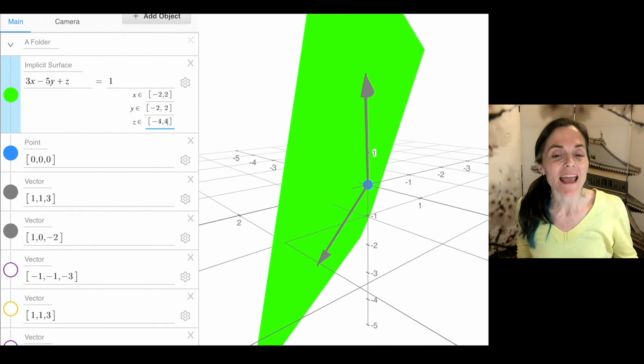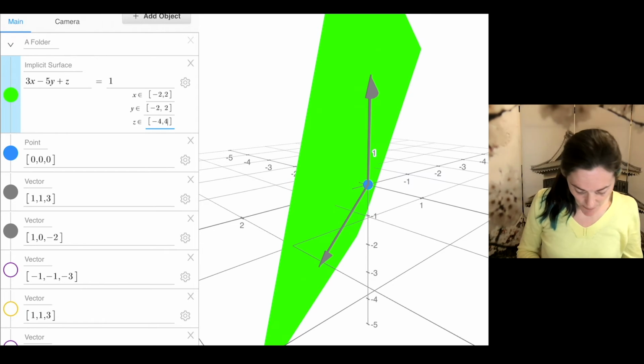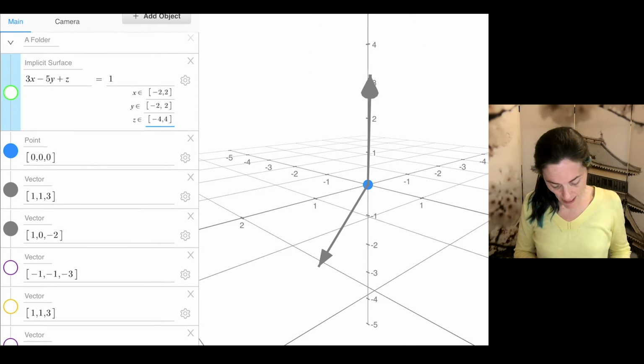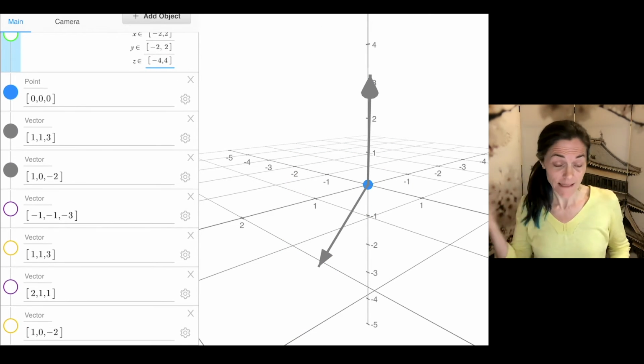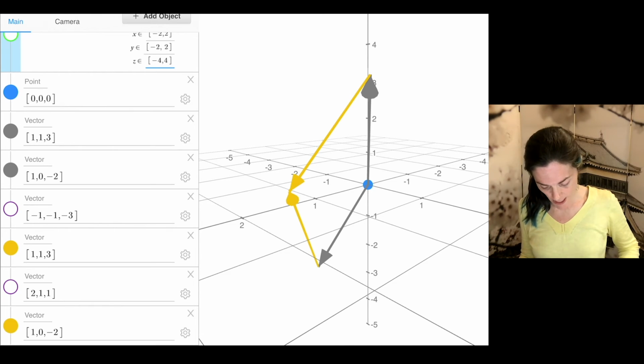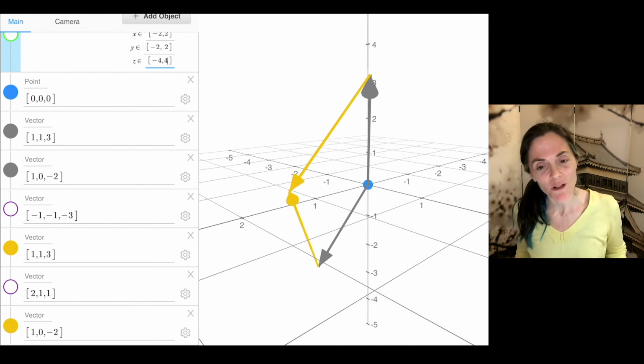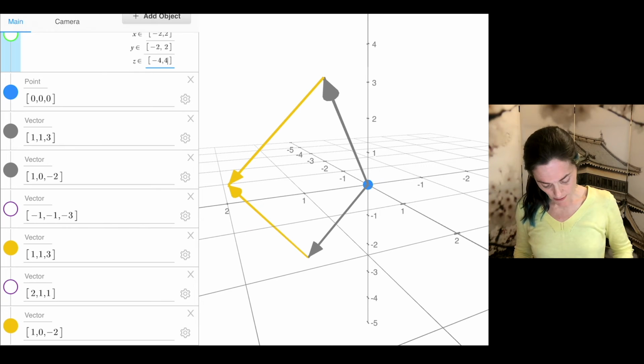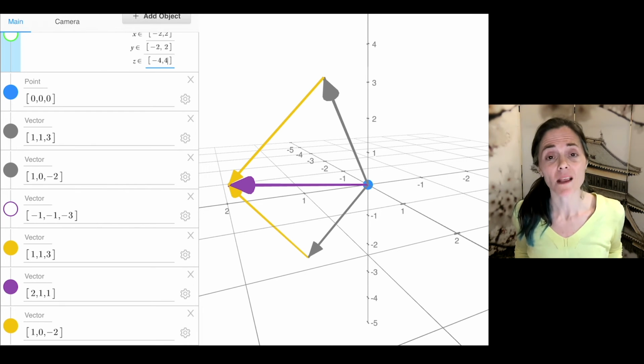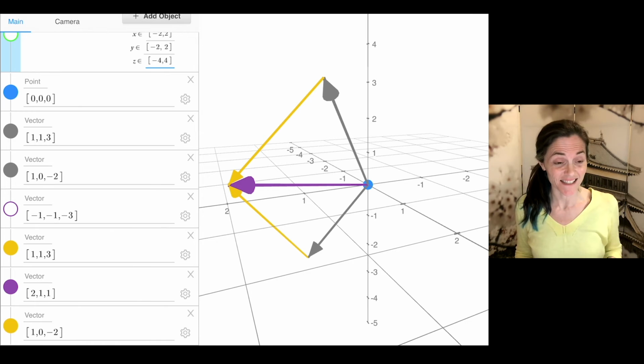Well, what happens when I add these two vectors? Let me get rid of the plane for a second. How do we add vectors as arrows? Well, we could use the Parallelogram Rule, and then we would connect, which is here. So you see this purple vector is the sum of the two gray vectors.